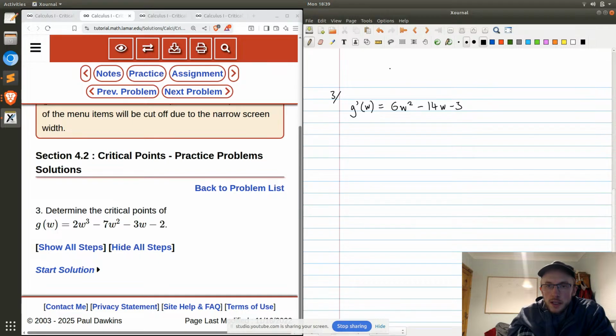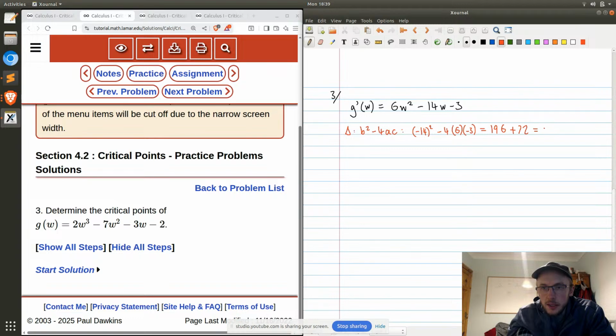Then we see that we have a quadratic here, and it's not clear if it can be factored. So applying the discriminant, b squared minus 4ac, so that squared minus 4 times that. That squared is 196. That squared is 24 times 3, which is 72.